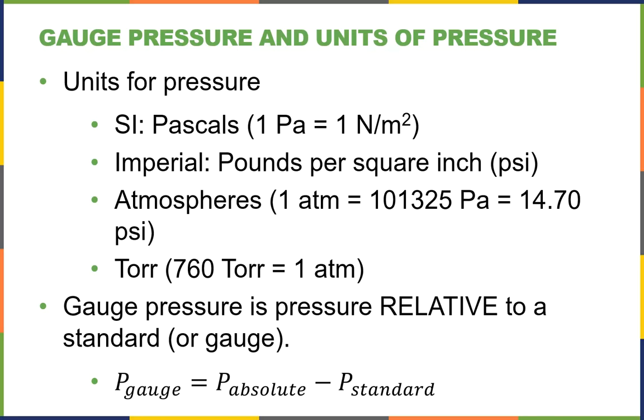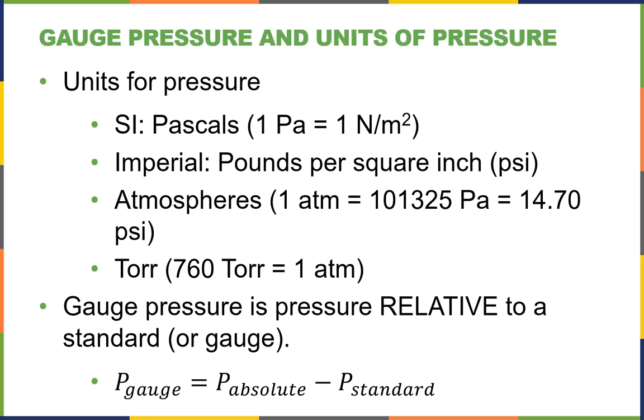The imperial unit for pressure is pounds per square inch, or PSI for short. So when you go to the gas station and you put air in your tire, you measure the pressure in the tire in PSI, in pounds per square inch. And sometimes people will say pounds, and of course that's not right, because what would pounds be? Unit of force instead of pressure.